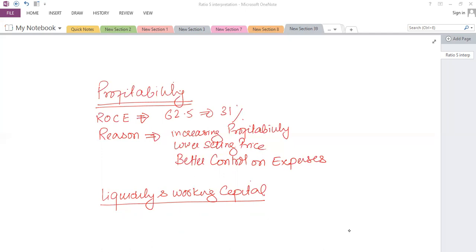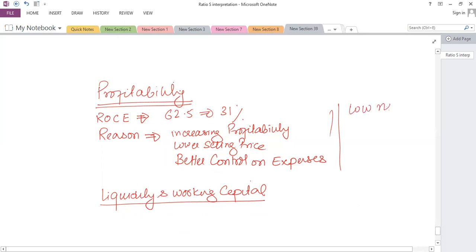Why is there no property? You can think about it. So we can say that as a result, it has low net assets. Low net assets, that's why its capital employed is low.